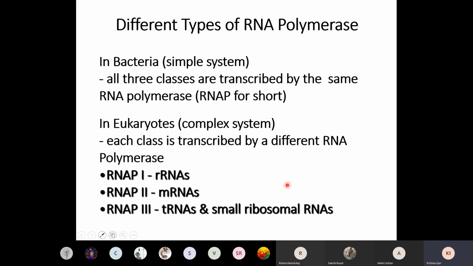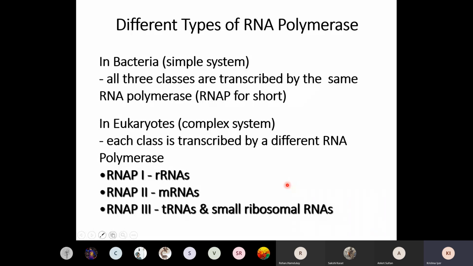And RNA polymerase 3 is the one which is involved in transcribing DNA to give transfer RNAs and small ribosomal RNA. Okay. Now, so the big difference is in eukaryotes, we have specific polymerases to do specific synthesis of RNA, while in prokaryotes, all the RNAs are made by the same single type of RNA polymerase.